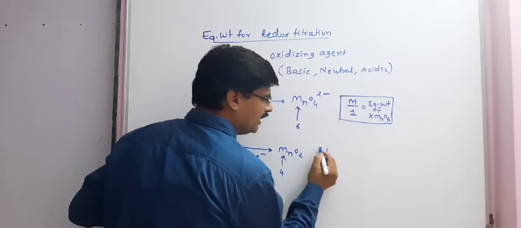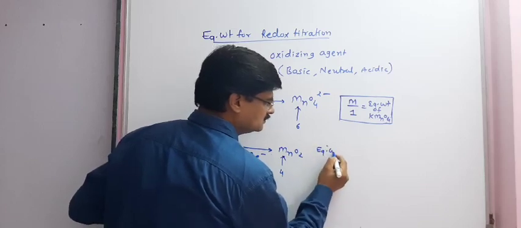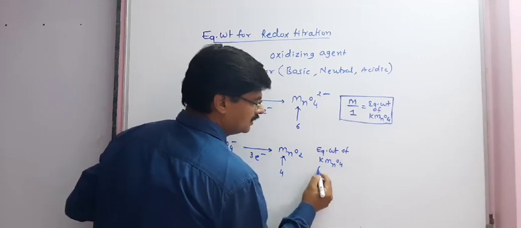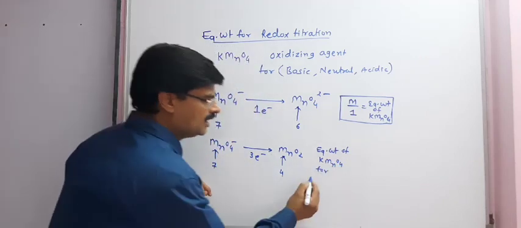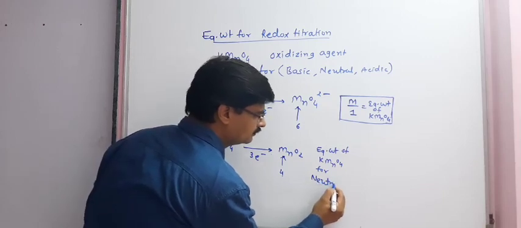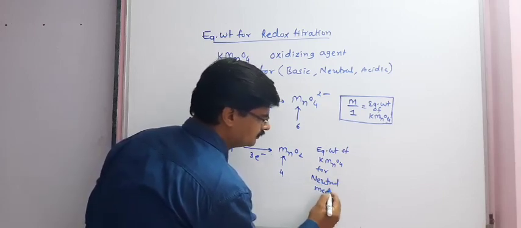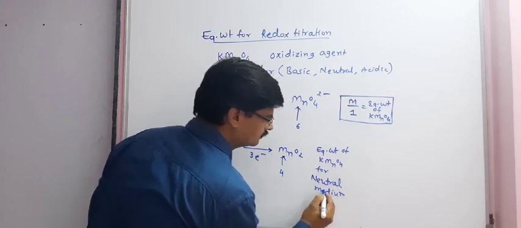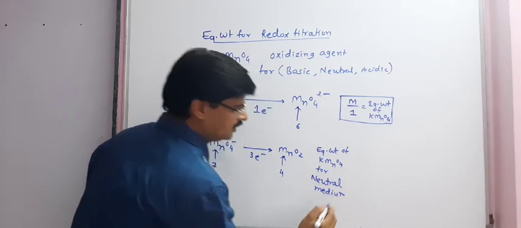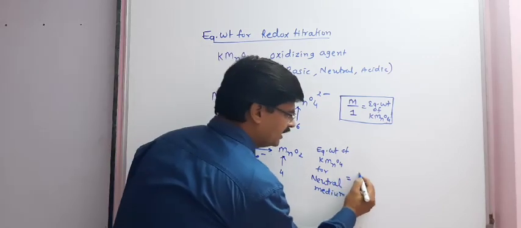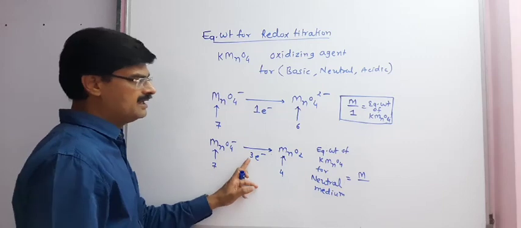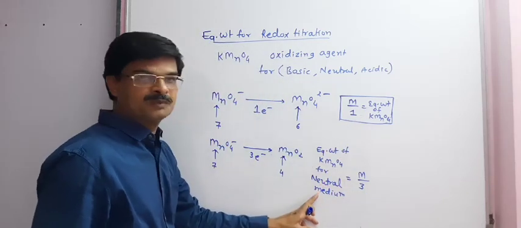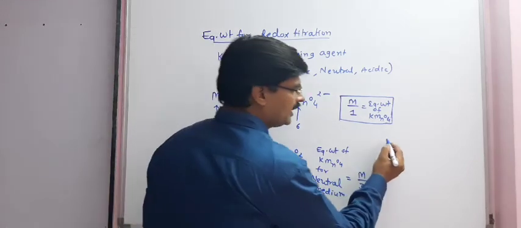So equivalent weight of KMnO4 for neutral medium is obtained when its molar mass is divided by 3. This was for basic medium and this is for neutral medium. Now for acidic medium.